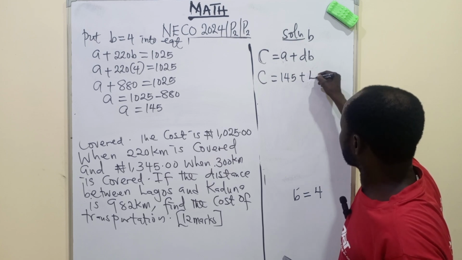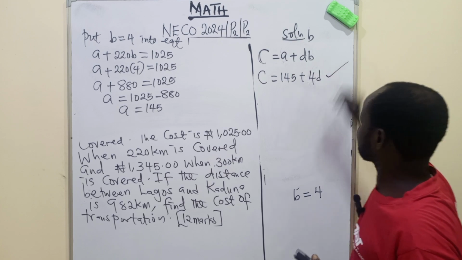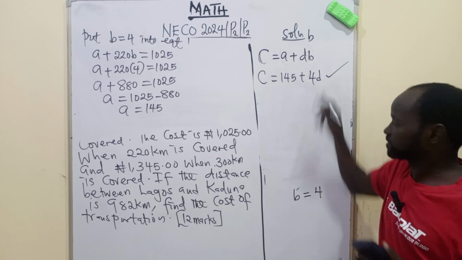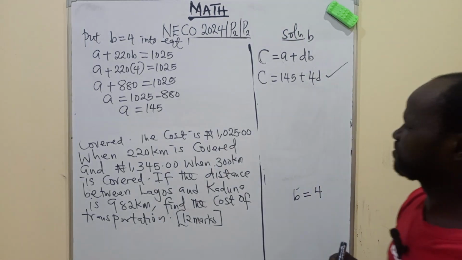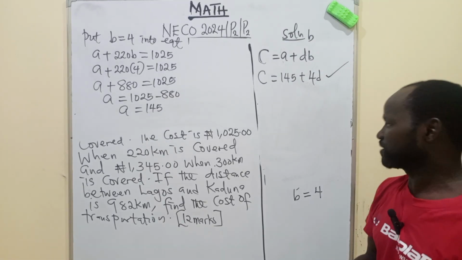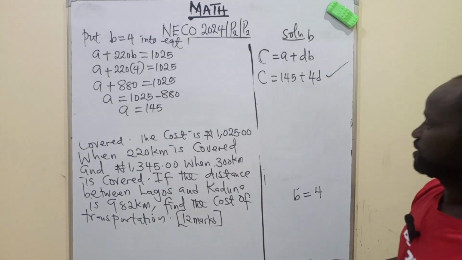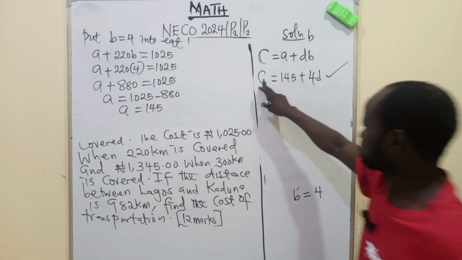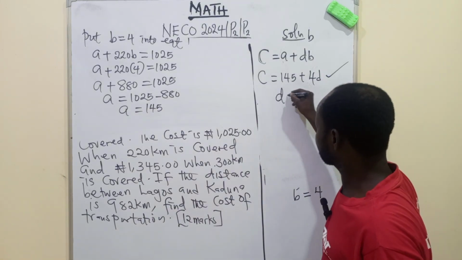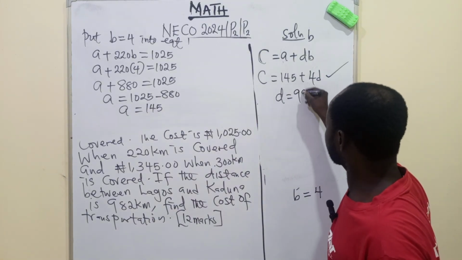That will be 4d. So this is the relationship connecting the cost of the transportation and the distance covered. But that's not what we are looking for. The question says if the distance between Lagos and Kaduna is 982 kilometers, we are asked to find the cost. We are looking for C now, given that D is equals to 982.